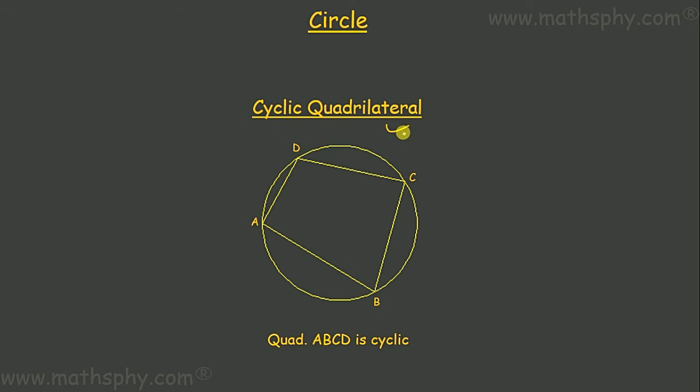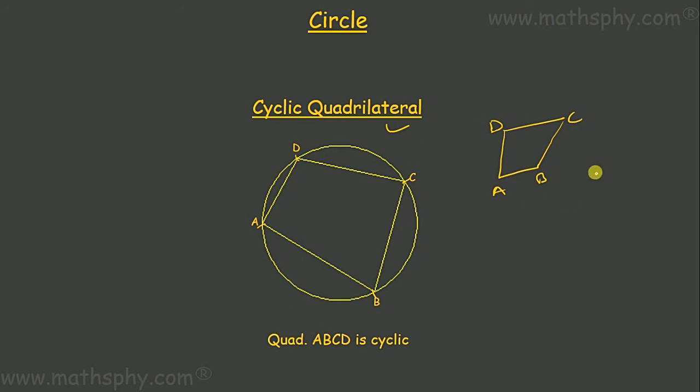Cyclic quadrilateral. We have already seen quadrilaterals in previous videos. A diagram with 4 sides is called a quadrilateral. Now look at this quadrilateral here, A, B, C, D. The difference between this quadrilateral and this quadrilateral is, apart from their shape and dimension, that all the vertices of this quadrilateral ABCD are sitting on the periphery of a circle.